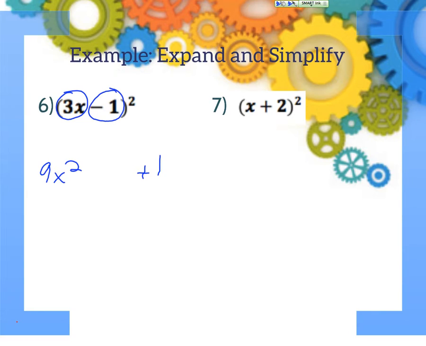Then to get my middle term, I multiply these two. Usually I do this in my head, but I'm going to write it down so you can see what's going on. 3x times negative 1 is negative 3x. And then I multiply that times 2. So negative 3x times 2 is negative 6x.